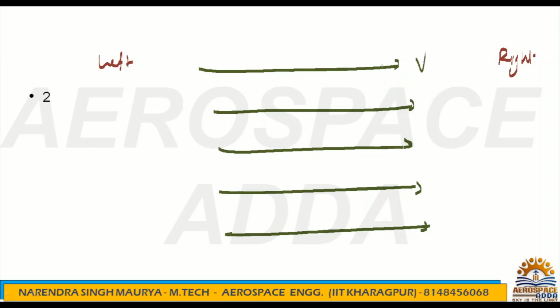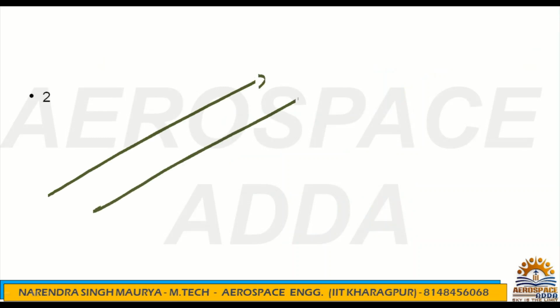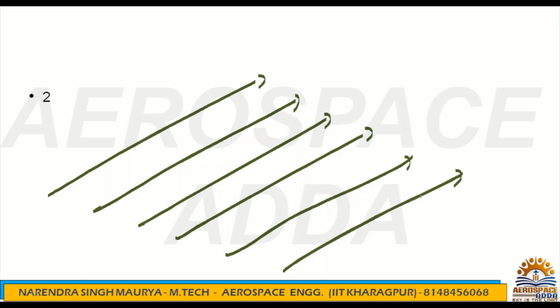Whether the flow pattern is left to right, right to left, bottom to top, top to bottom, or inclined, and I ask whether it is a timeline, path line, streak line or streamline, you have to say streamline, because streamline itself is a direction of the flow.